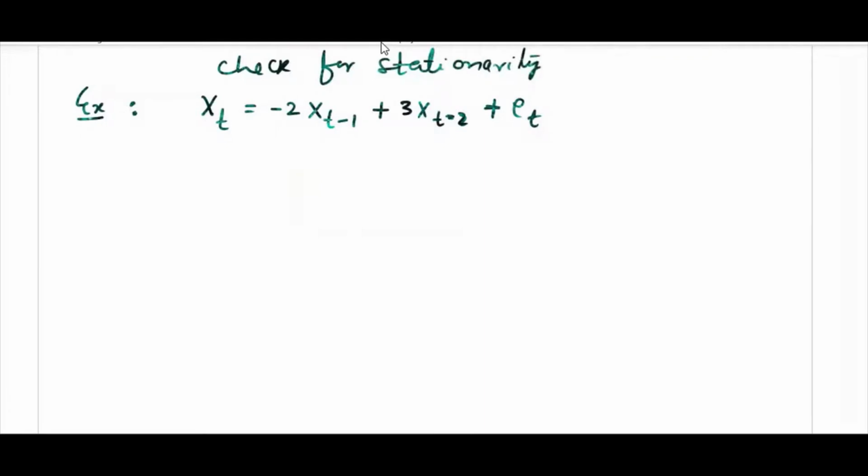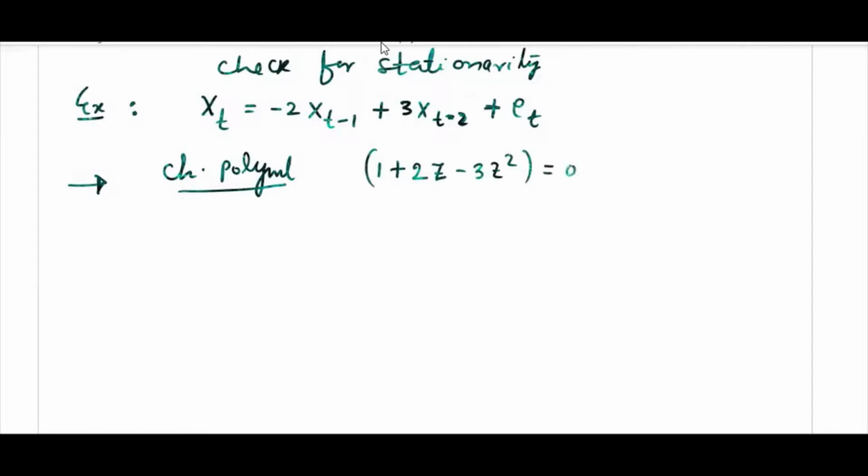Then what you need to do is find the characteristic polynomial. That's all. That will be 1 plus, because you have to take everything to the left, 2z minus 3z squared. You have to solve this one.